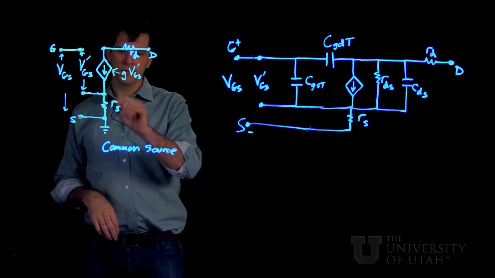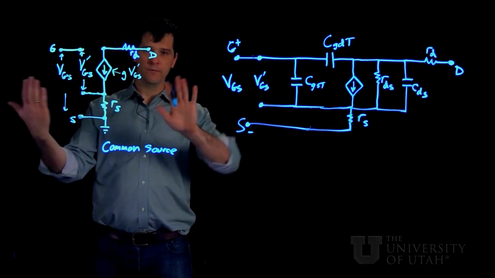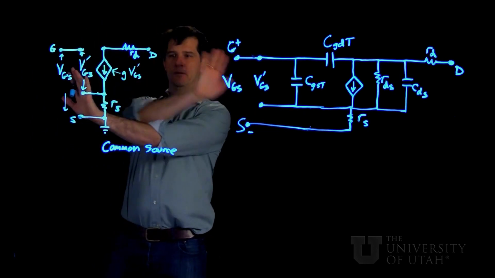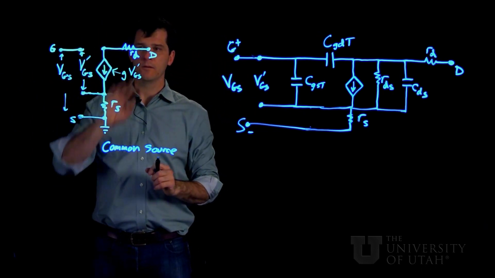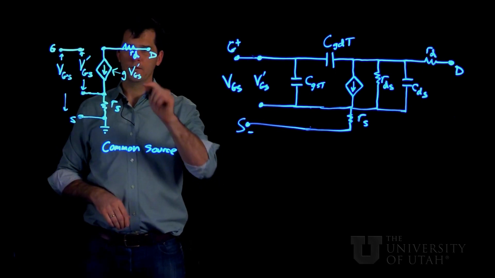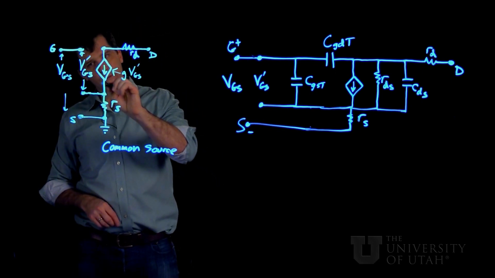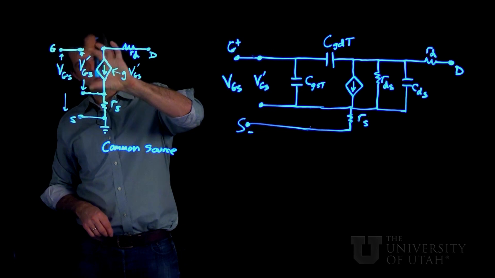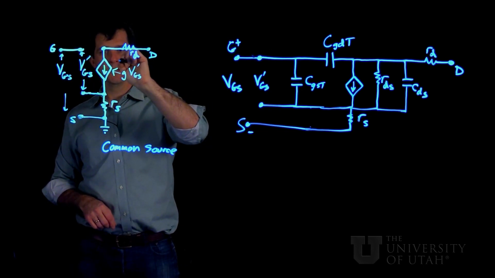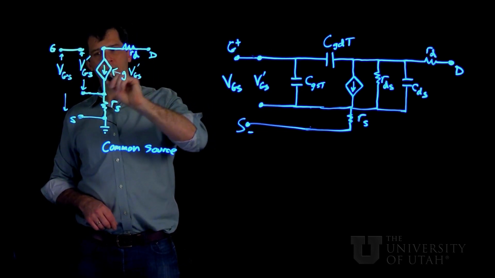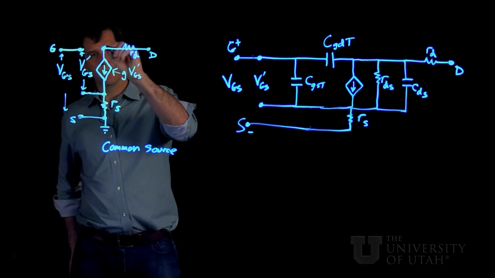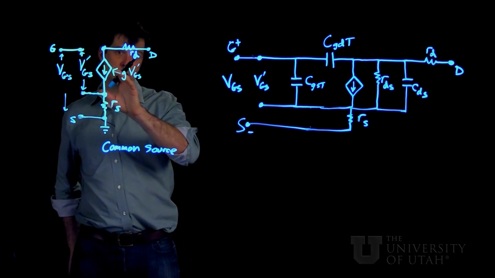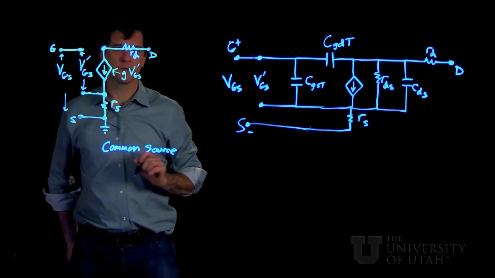However, because of the presence of a source resistance, or if you flip the MOSFET around like this and switch the source and drain, you could consider the drain resistance too, there's going to be a reduced voltage applied across the channel. So this VGS prime represents this voltage drop that's across the inverted channel and is embodied here in this transconductance.